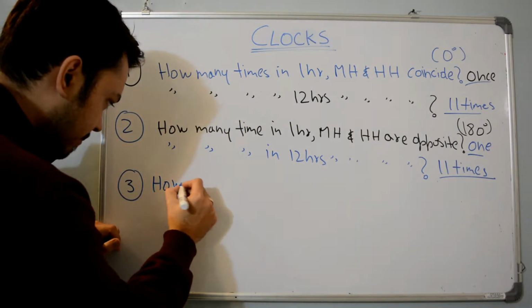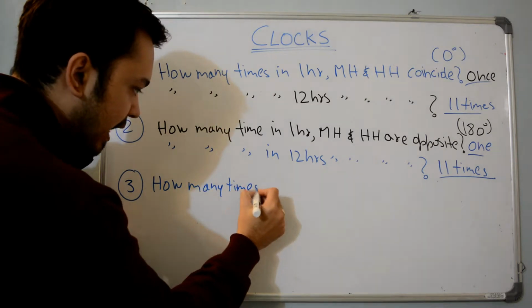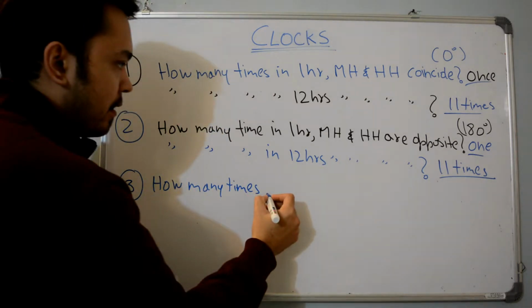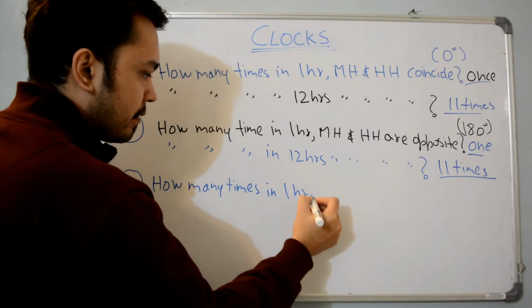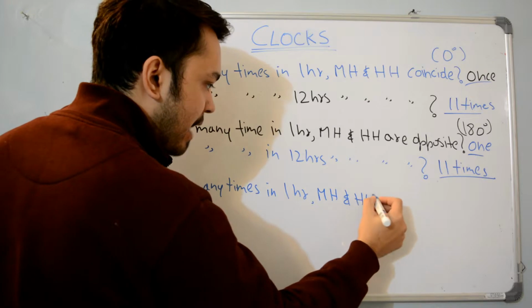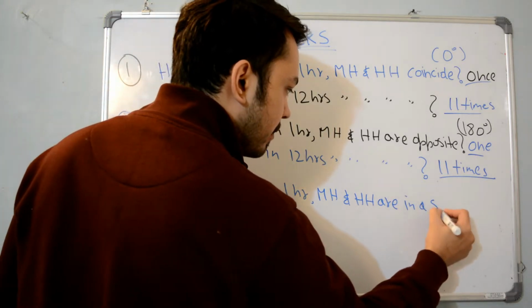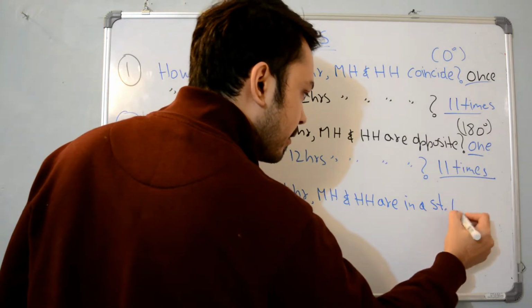Our third result. Now it is a combination of both the two results. How many times in 1 hour are the minute hand and hour hand in a straight line?